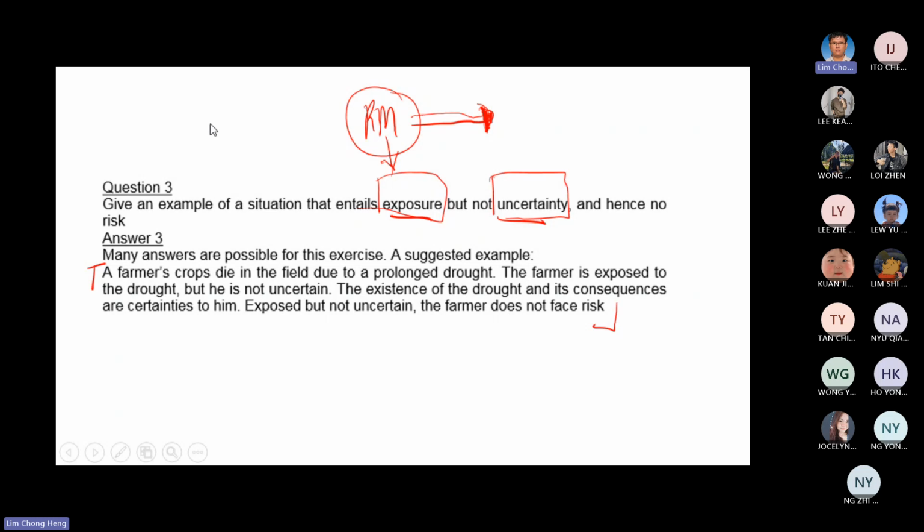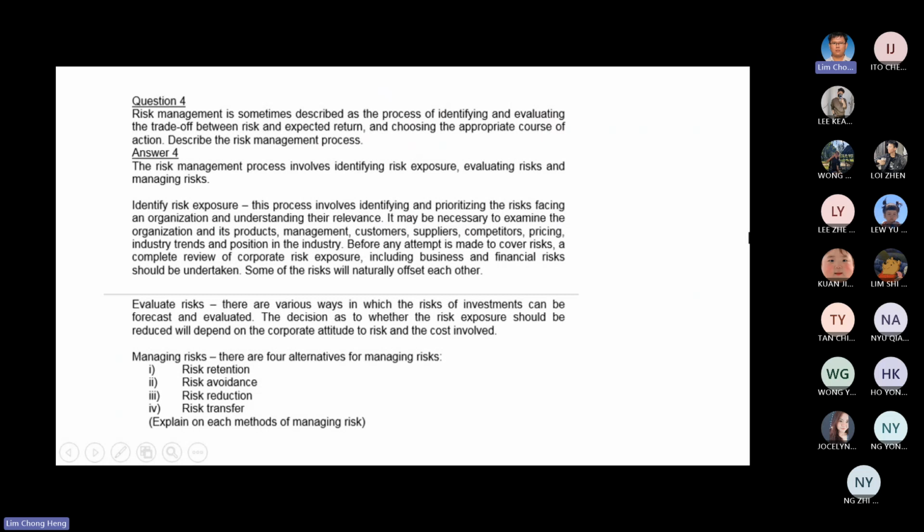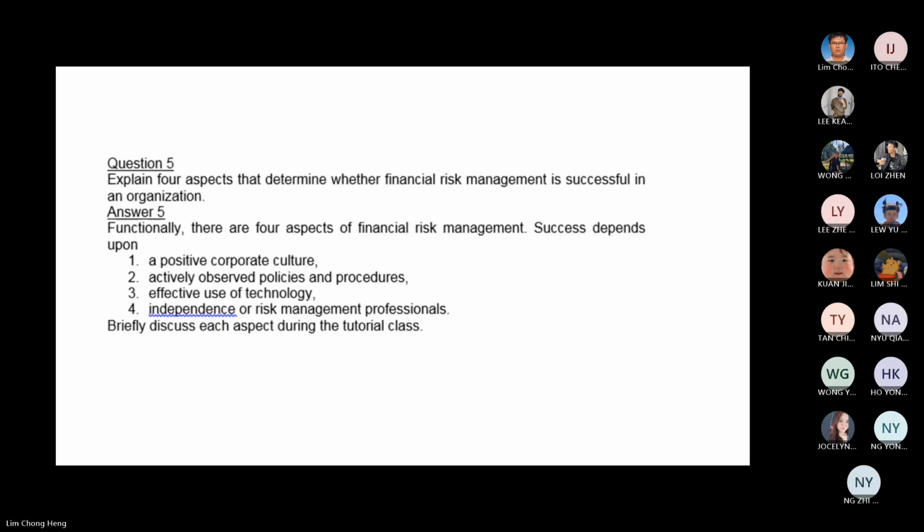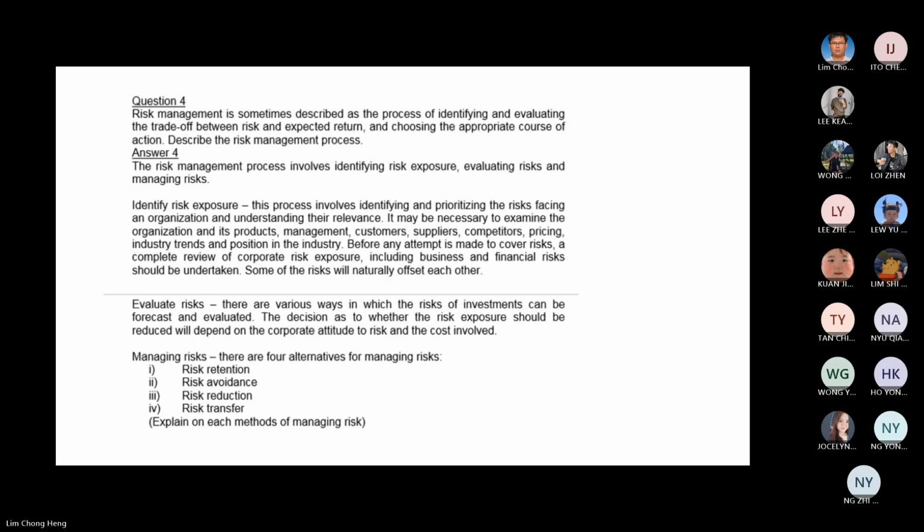Okay, so this is the basic thing. During the past year or even in your midterm, they will ask you what is the difference between hedging and risk management.